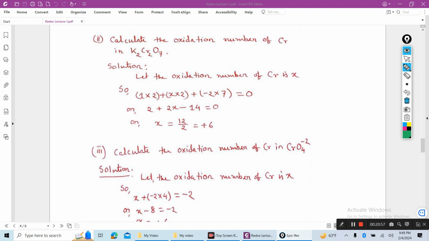If you calculate, you get x equal plus 6. That means in K2Cr2O7 potassium dichromate, the chromium oxidation number is plus 6.